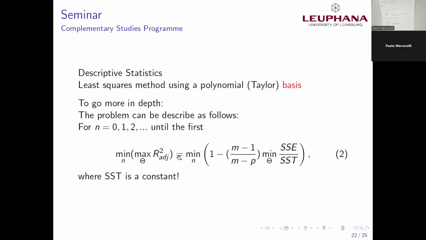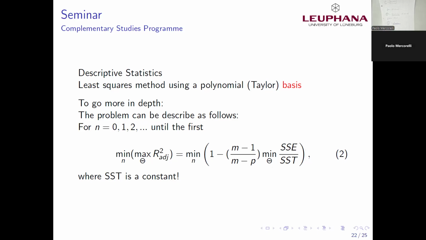I don't know if it is visible, because the maximum with respect to theta of R square adjusted is the minimum with respect to theta of SSE, because when this is the minimum, we tend to 1, which is the maximal R square adjusted. But in the meantime, we have to find the minimum of this R square adjusted with respect to n. We have two variables, n and theta.